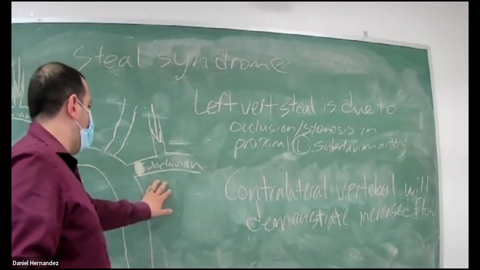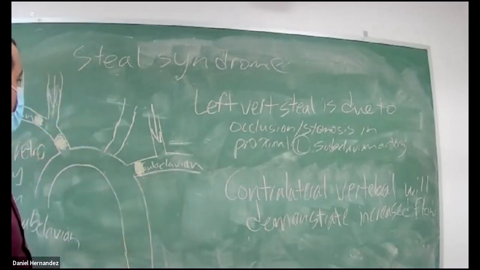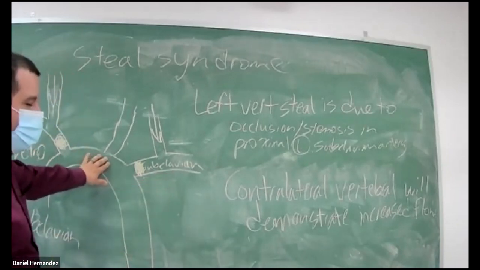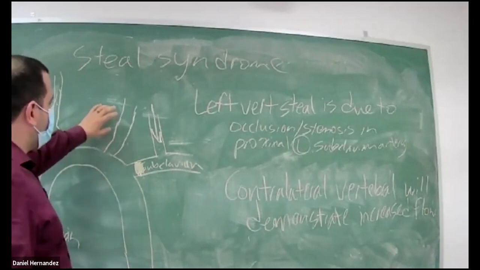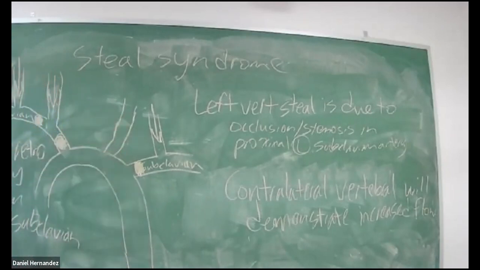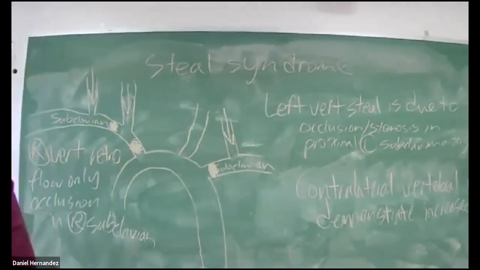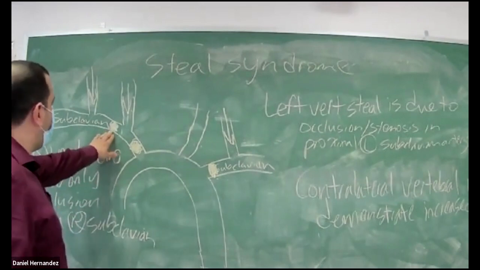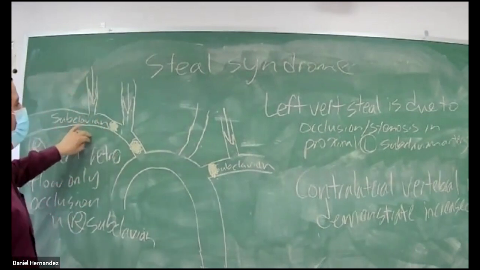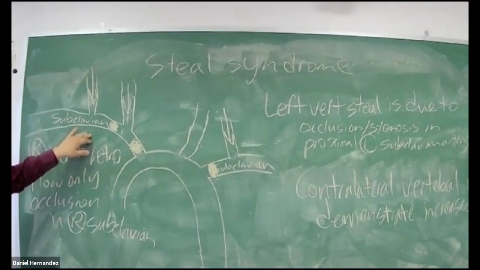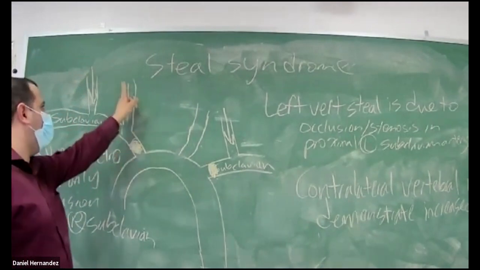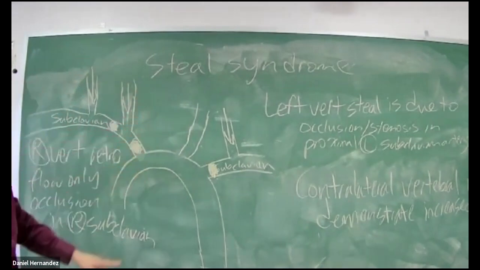Again, if the occlusion or the steal is on the left side, it's not affecting that left common carotid artery. So we can have increased flow in that left common carotid artery. On the right side, it's a little bit different. That's where I kind of misspoke before. So if we have a blockage in the subclavian and we have retrograde flow in the right vertebral, we could still potentially have increased flow in that right common carotid.